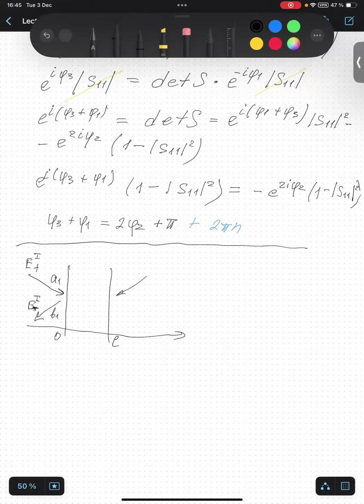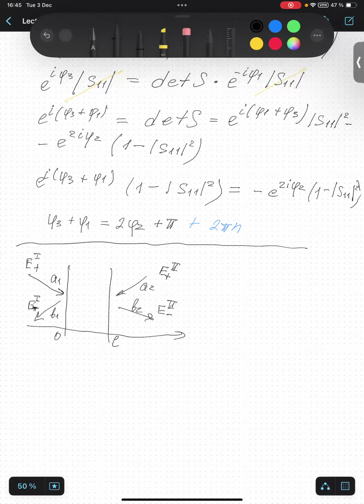Here what we have, E plus in the second region, or A2 here, B2, and E, sorry, E minus in the second region.